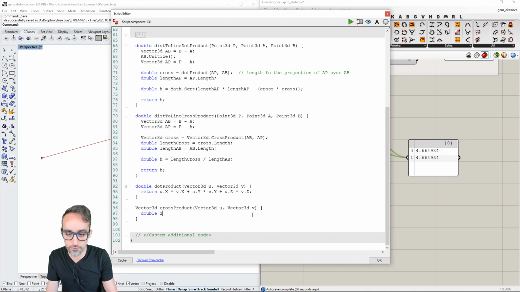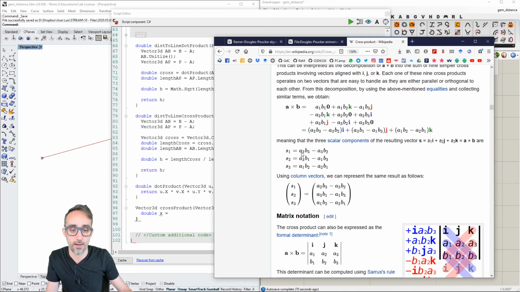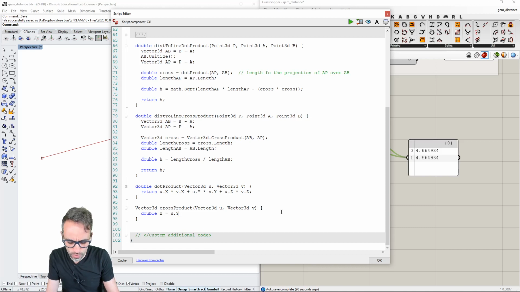So I'm going to calculate first the x coordinate, and this is going to be equal to y of the first vector times z of the second vector minus z of the first vector times y of the second vector. So that's going to be u.y times v.z minus u.z times v.y.